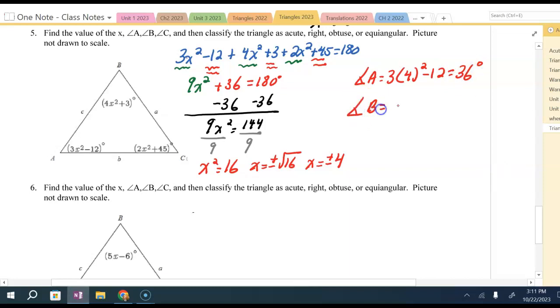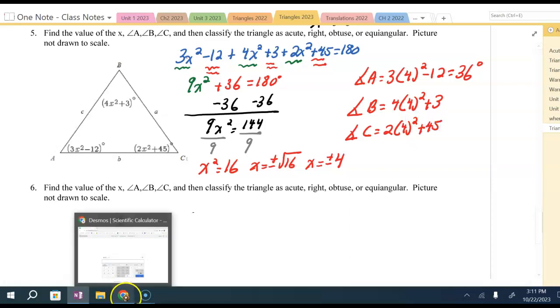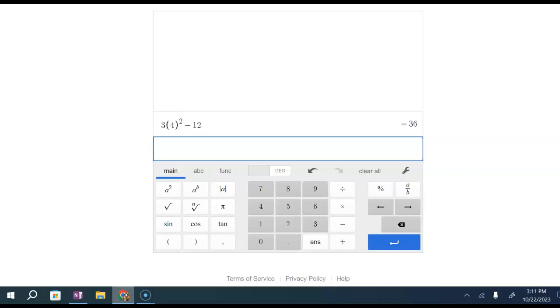Angle B is 4 times 4 squared plus 3. And angle C is 2 times 4 squared plus 45. And I'm going to show you how to do those on your calculator also. So for angle B, I'll say 4 times 4 squared plus 3. And you get 67.